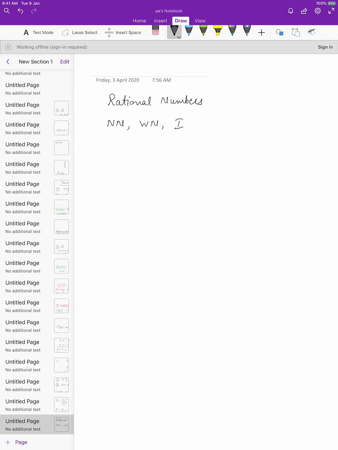Now, let us talk about the numbers other than rational numbers, which do not come under the category of rational numbers. As I just told you, rational numbers have two types of decimal expansions. One is terminating decimal and the second is non-terminating repeating decimal.